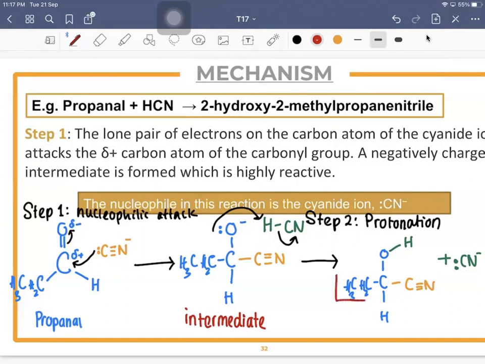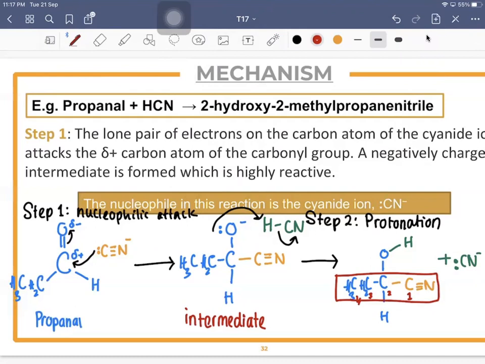So look at the principal chain. We've got carbon 1, carbon 2, carbon 3, carbon 4. I'm afraid there's something wrong with the name.